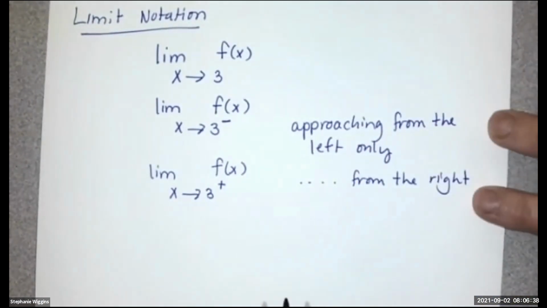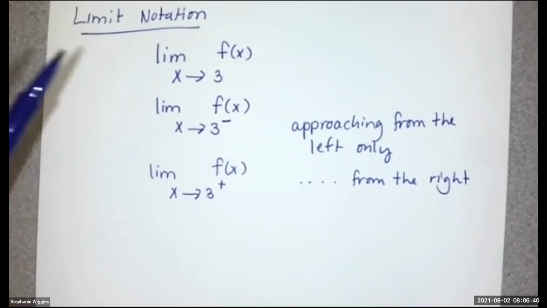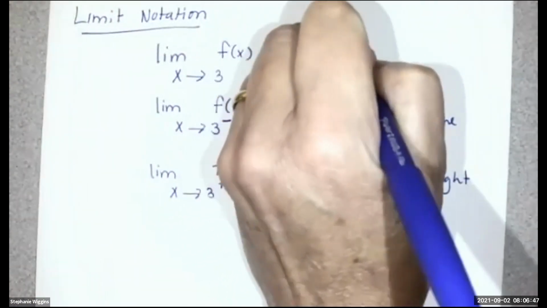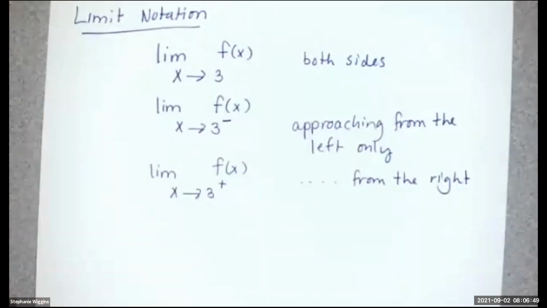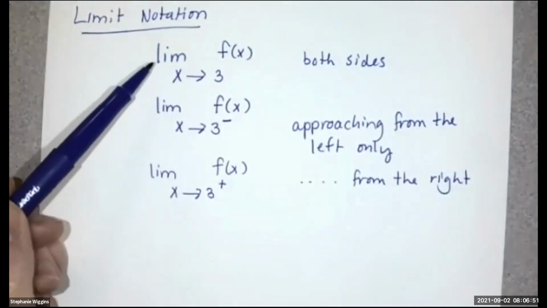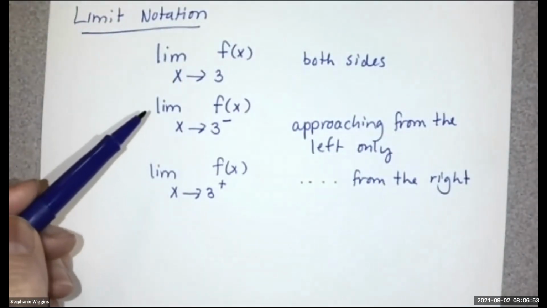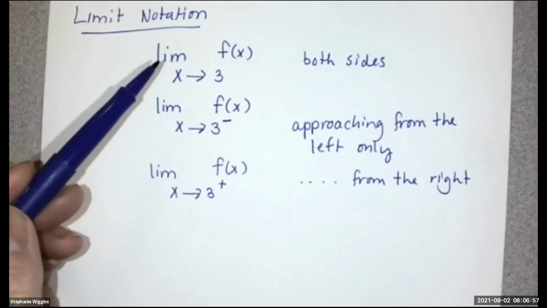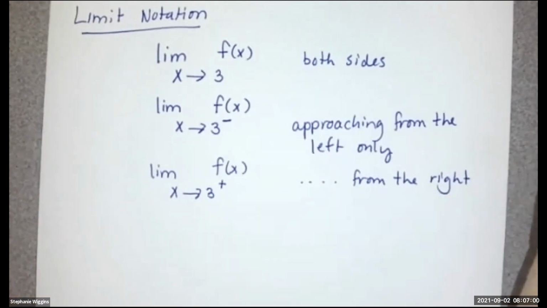Okay, so this situation here where it does not indicate left or right means from both sides. And so the only way that this can exist is if the left and the right hand limits are equal. That's the only way you can have a limit. Okay, so that's an important thing to note. Let me just write that out.